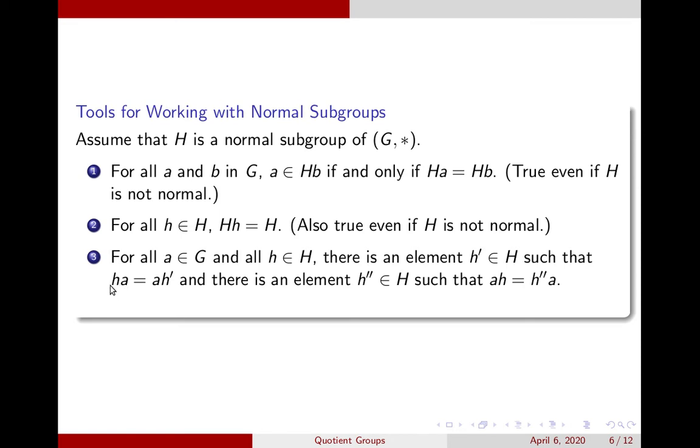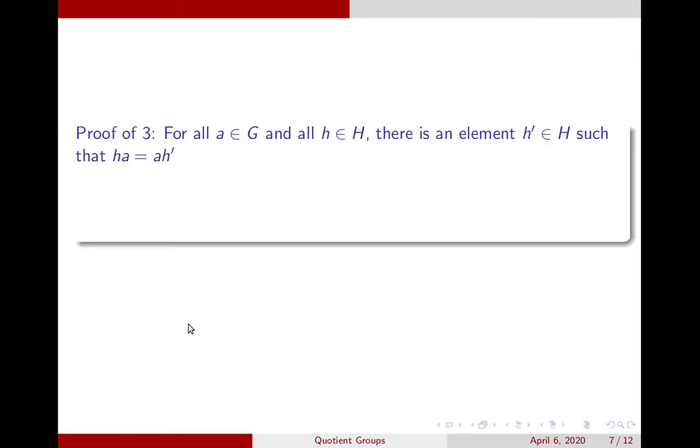You can move the A to the other side of the h. But the element little h may have to change to some other element of the subgroup capital H. So sort of like a commutative law, but not exactly. And this is the only property that requires that H be normal.